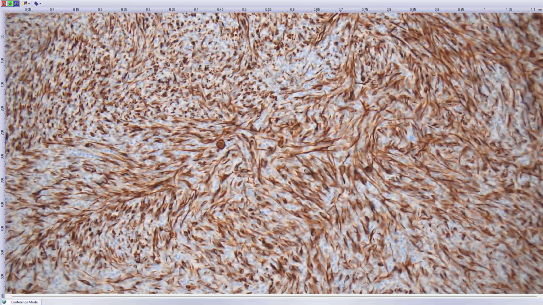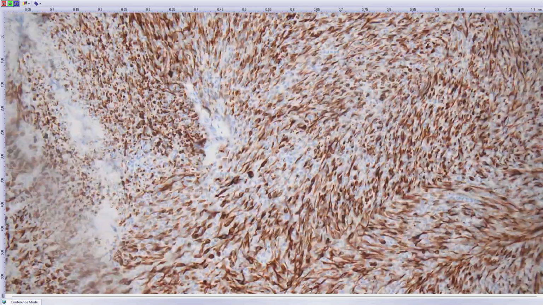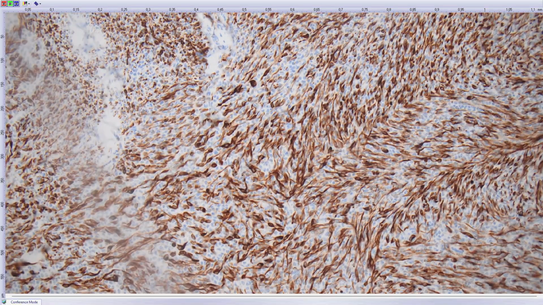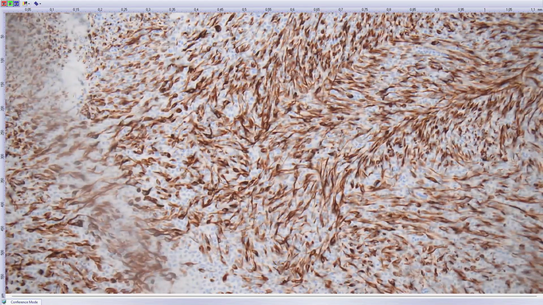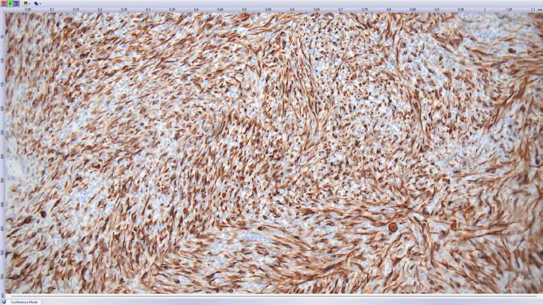You can also see that the cells in the IHC look a little bit different than in the H&E. They are a little bit more elongated with an almost dendritic type process. And since it's desmin positive, that narrows down the differential. You can start thinking about either a smooth muscle neoplasm or skeletal muscle neoplasm.